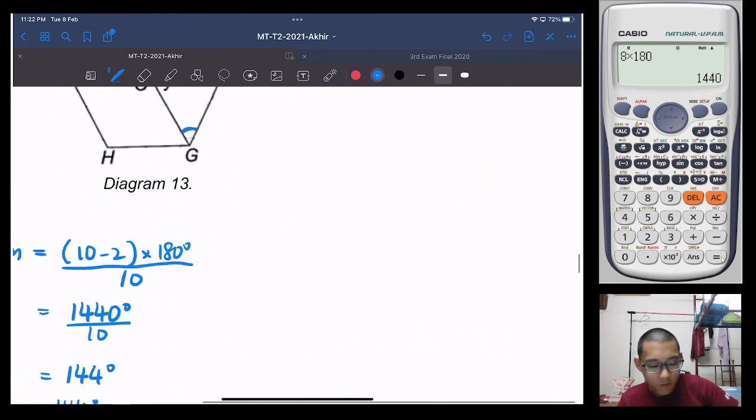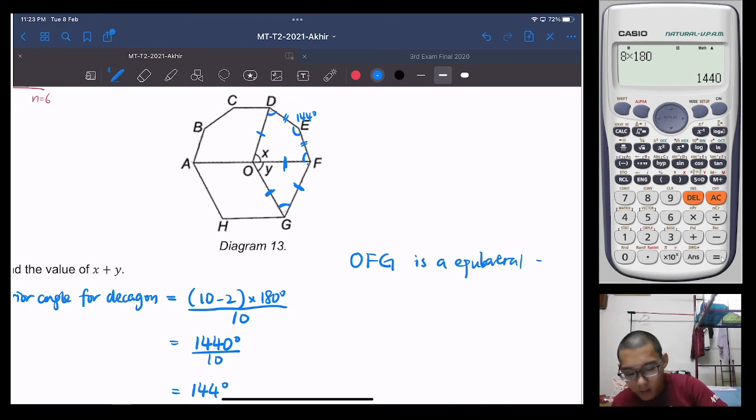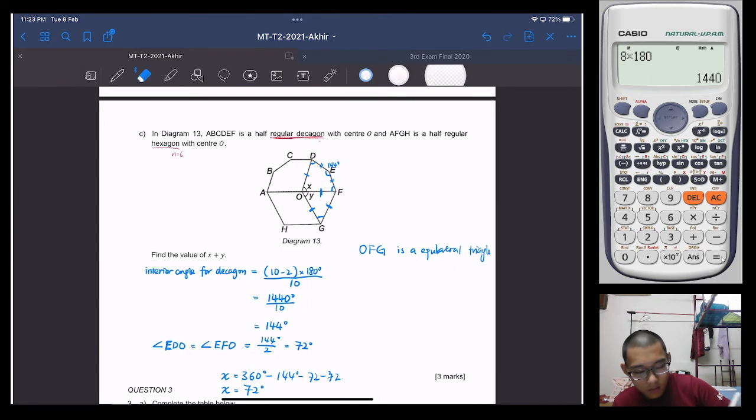Next, we also can try to find out, since that regular hexagon, right? We have this one. This is an equilateral triangle. Actually, we understand that this one OFG is an equilateral triangle. I didn't spell correctly.